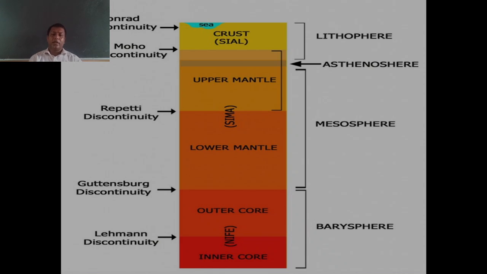You can also see in this picture the barysphere, the region below the lower mantle, and the lower mantle is the mesosphere, the upper mantle is the asthenosphere, and the crust is the lithosphere. So you can define all these parts of the inner and outer earth as spheres.